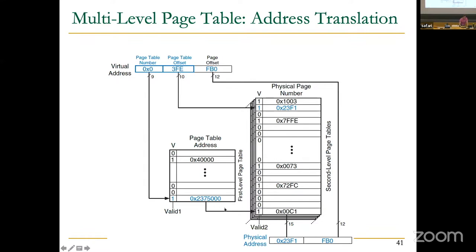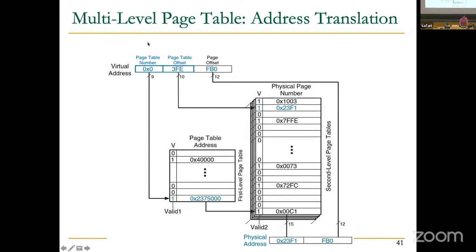It's valid, as you can see over here, and then you can access it, and the translation is also there. Basically, the page itself is in physical memory. So here, the page table that you're looking for is in physical memory, and the page you're looking for is also in physical memory.